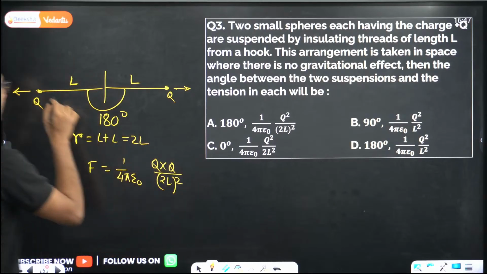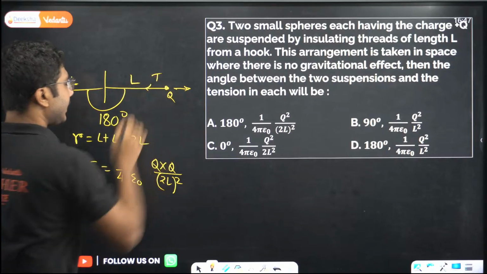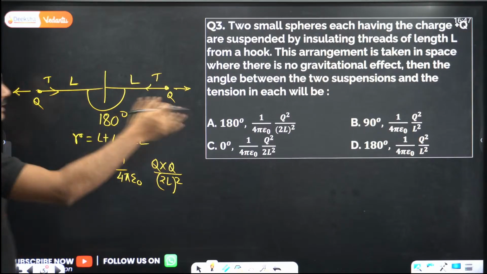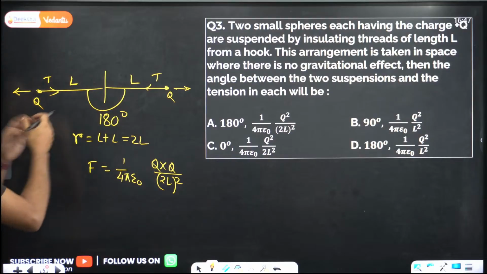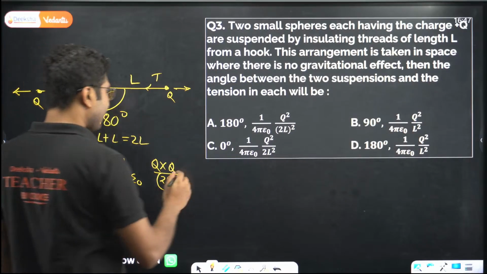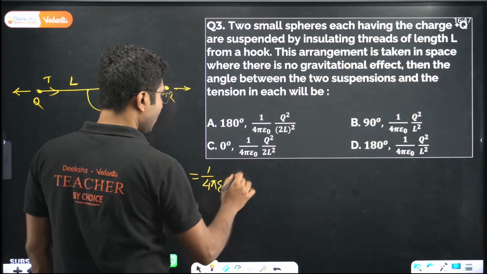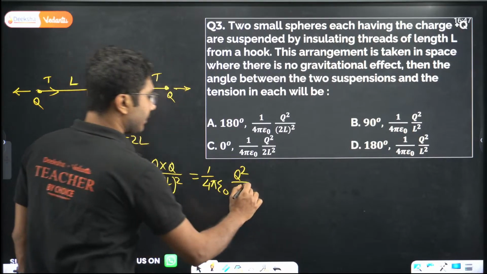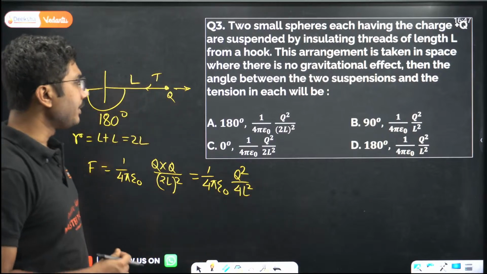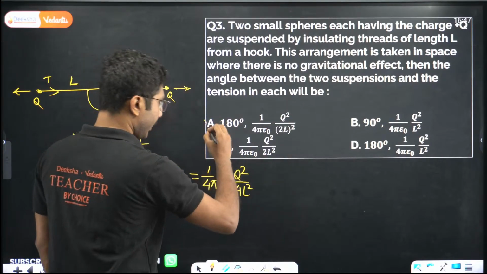The same force will be acting as the tension of the wire. Tension should balance it, otherwise the wire could break. Because the wire is not breaking, that means tension is balancing that. So the force will be 1 by 4 pi epsilon naught Q square by 4L square. So the tension will be 1 by 4 pi epsilon naught Q square by 2L whole square.